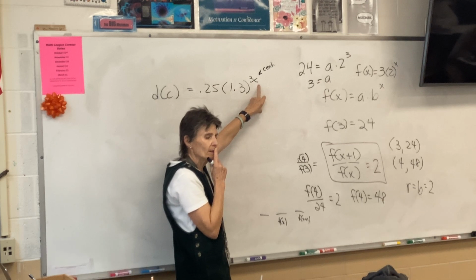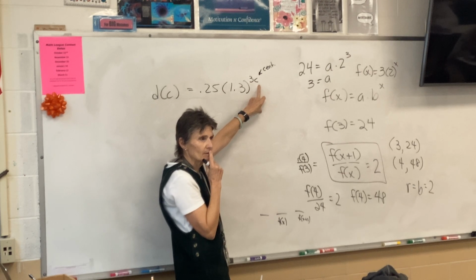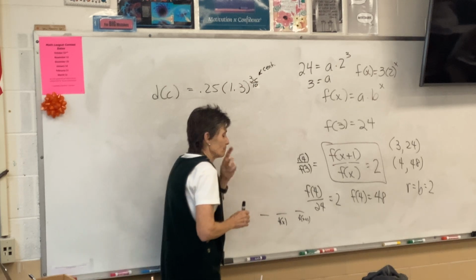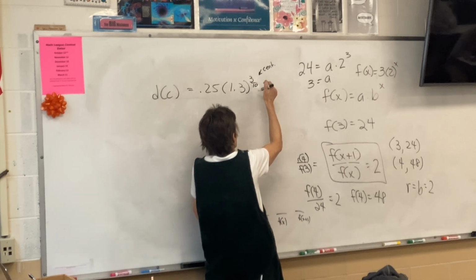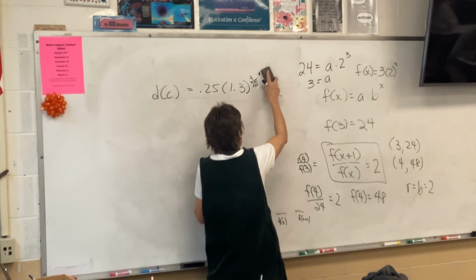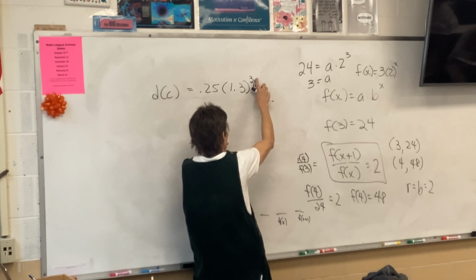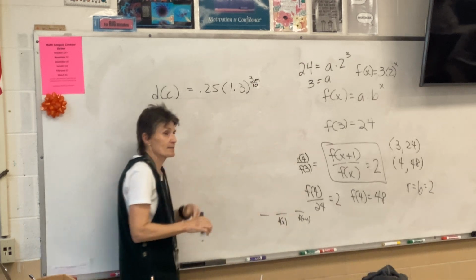What do I know about millimeters? There are 10 of them in a centimeter. So if I divide this by 10, now this is millimeters. 10 millimeters would be the same as 1 centimeter. So yep, that's exactly right.